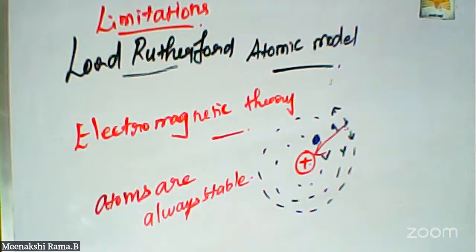What is this? Yes, this is the model of Thomson. The Thomson atomic model is also called the plum pudding model. It looks like a watermelon. The center part is the seeds, considered as electrons.